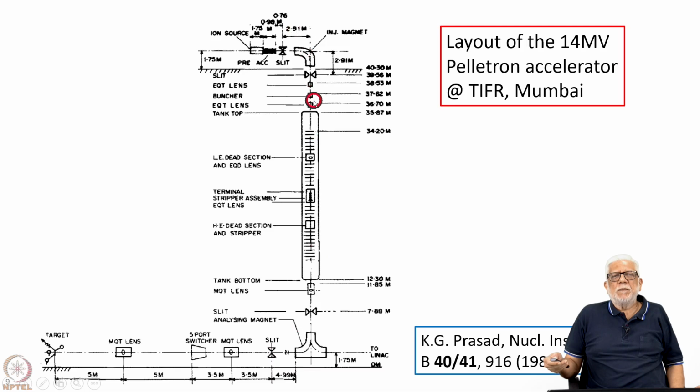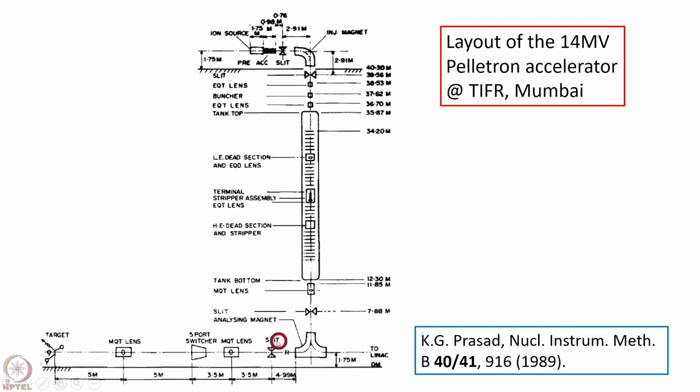Once you bunch the beam, there is also a so-called DC current in between the beam bunches, and that can be cleaned up by applying an RF voltage whose frequency is half of the bunching frequency, and then that DC beam can be made to completely disappear. The RF phase can be arranged such that the beam bunch does not see any voltage, but at other times you see a voltage and the beam goes to either the left or the right slit.